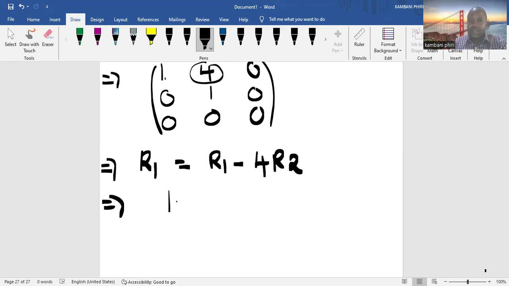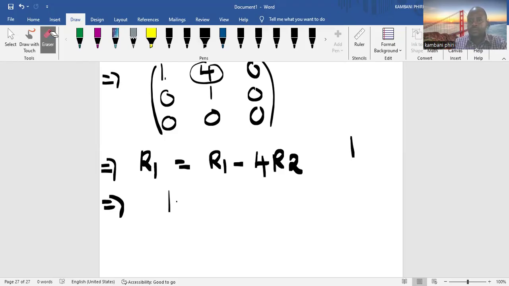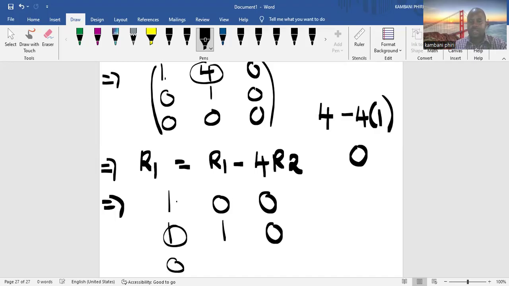Row 2 here is 0, so it will be 1. Then for this one, row 1 minus 4 row 2, which is 4, so the answer will be 0. So 1, 0, 0, 0, 0.